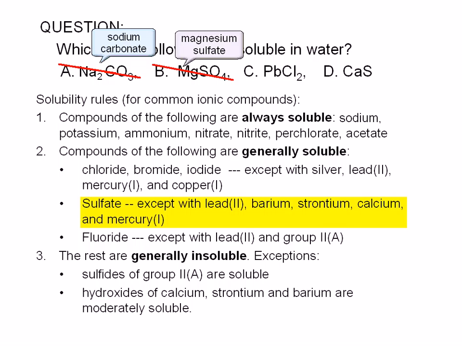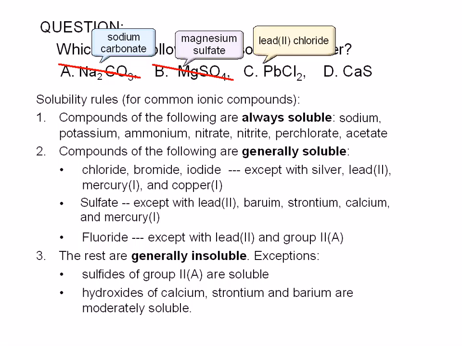How about choice C, lead 2 chloride? Again, the first rule does not apply. It doesn't say anything about lead or chloride. So we go on to the next rule. It says that chlorides are generally soluble, unless it is in combination with silver, lead 2, copper 1, or mercury 1.